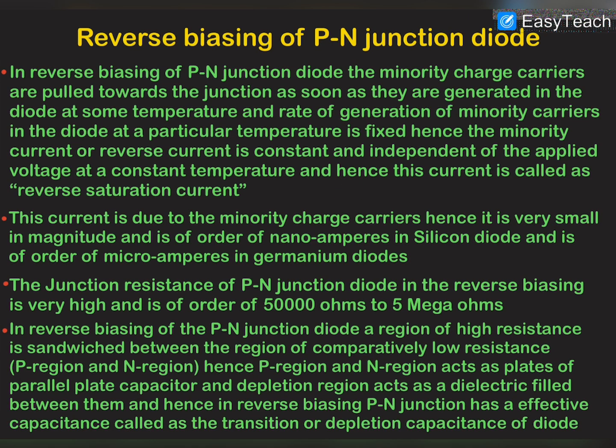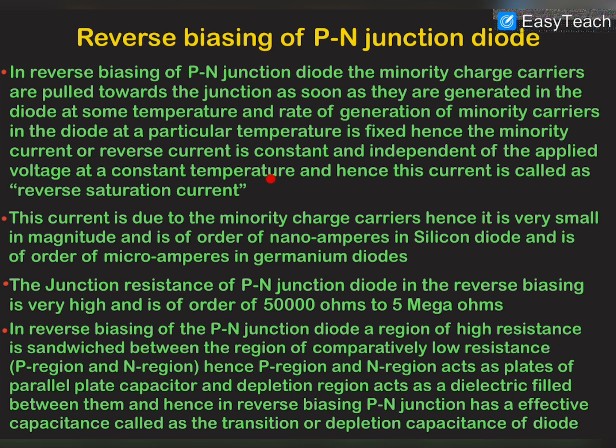Now, if we increase the temperature in reverse biasing, then the rate of generation of minority carriers will increase, and therefore the drift current will change, and the reverse saturation current will be increasing. Okay, and this is the first case.